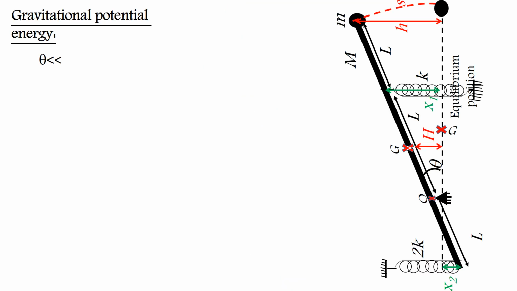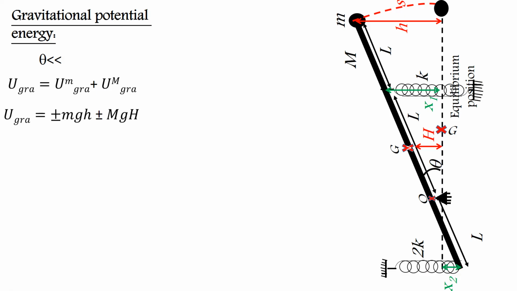The elastic potential energy will remain the same, but the gravitational potential energy will change. You see? We write the expression of the gravitational potential energy, and you will see the difference between this case and the previous case.